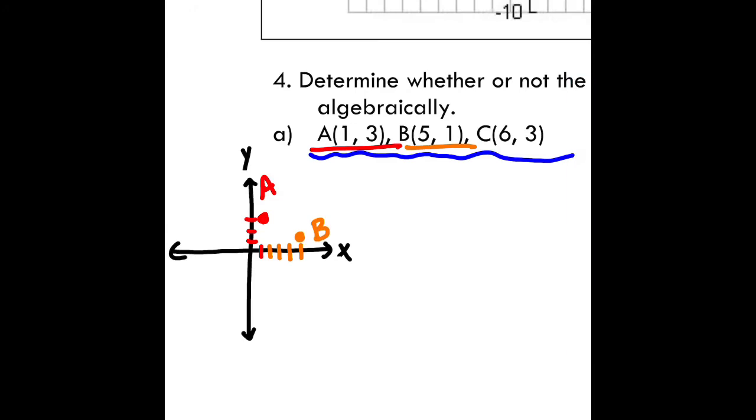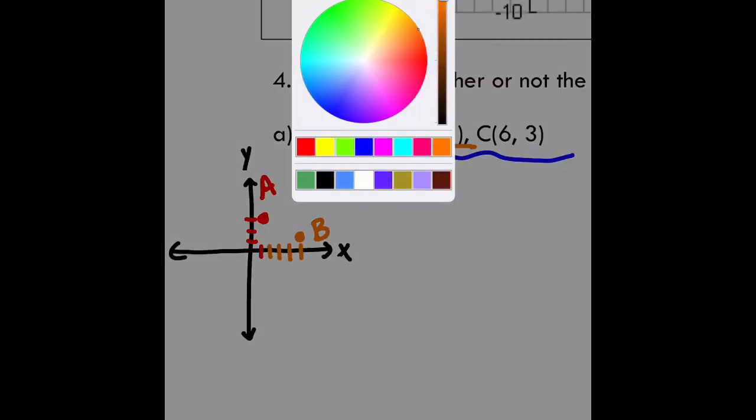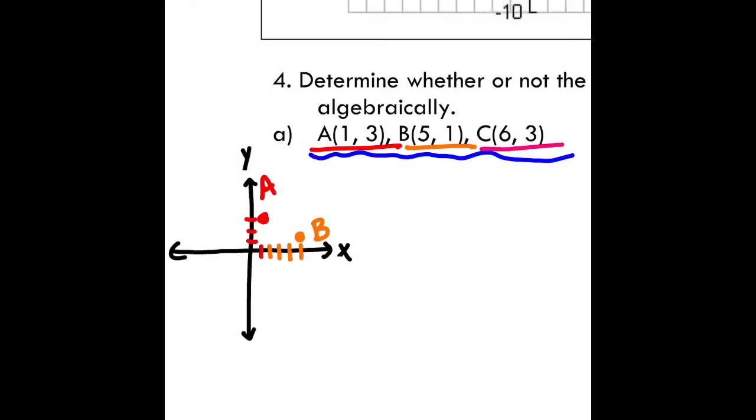And then C is at 6 and 3. So I'm going to go over 6 and up 3. 1, 2, 3, 4, 5, 6, and up 3 right there. All right. So those are the points that I have. If I join them, I get a triangle. But the question is, is this a right angle triangle or not?